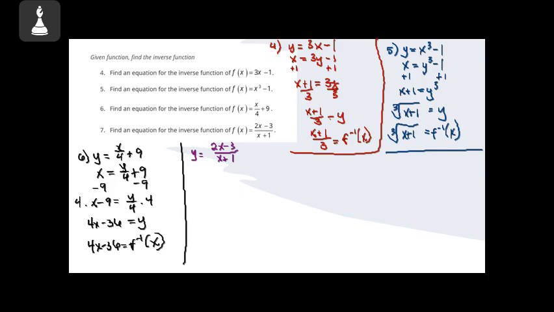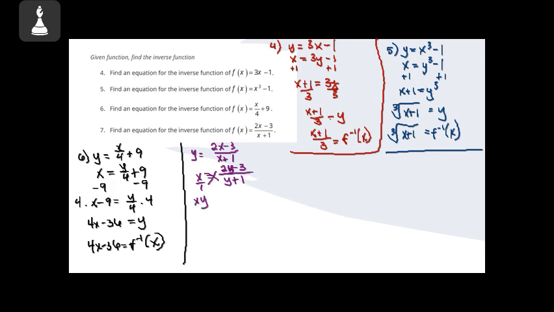So the first thing I'm going to have to do when I have more than one y like this is cross multiply. So when I cross multiply, I need x times y, so xy, plus x times 1 is x. And then 1 times this value, 2y minus 3, doesn't change the value.